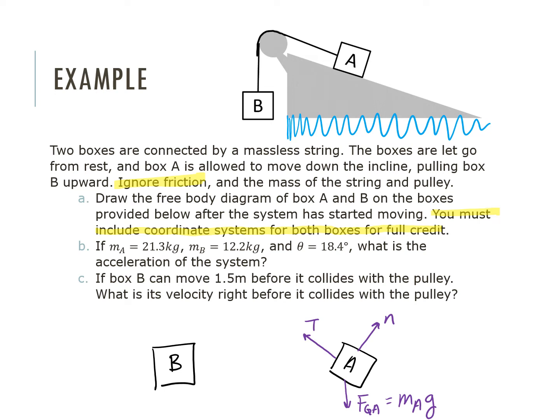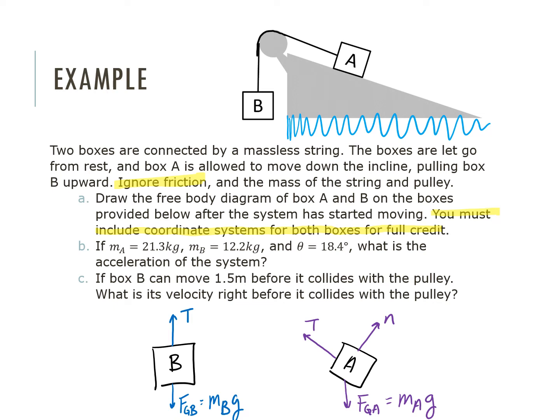So for box B, it's going to have tension pulling upwards, and it's going to have gravity pulling it down. Again, I need to indicate that this gravity is the gravity for box B. Now I need to think about a couple of things. I need to draw my coordinate systems.